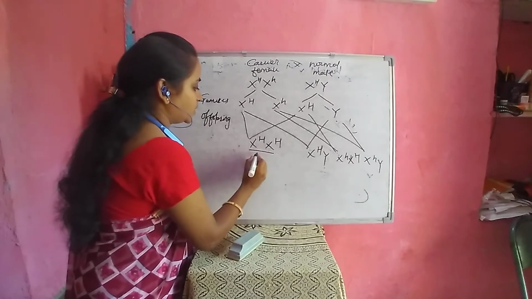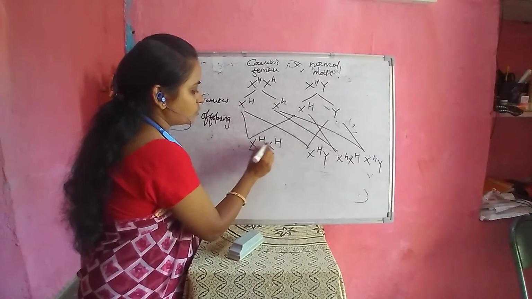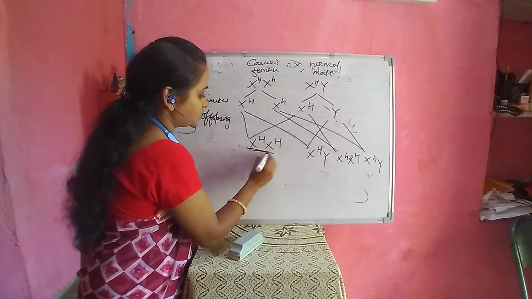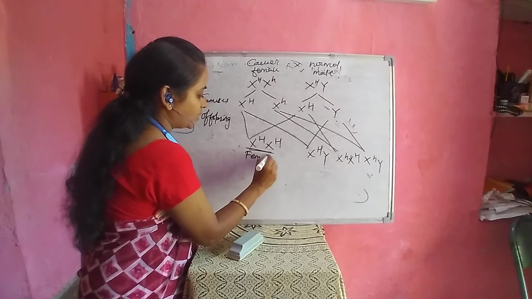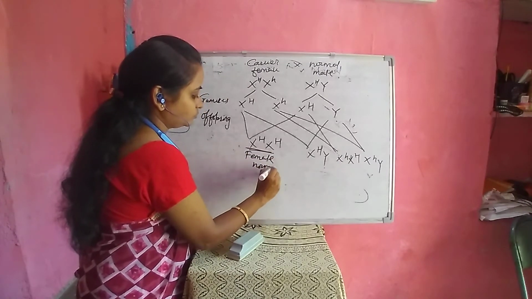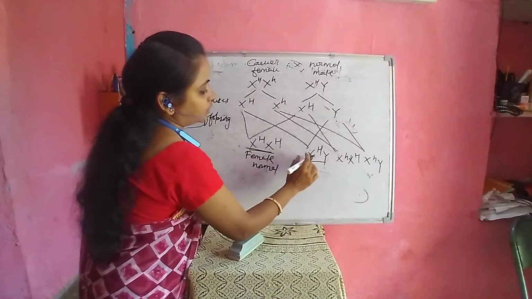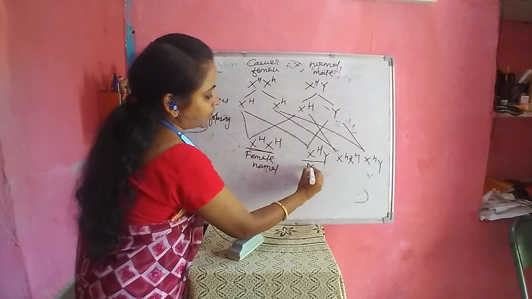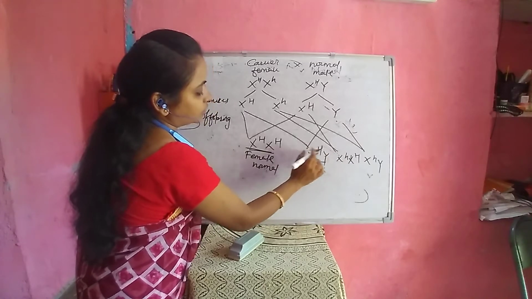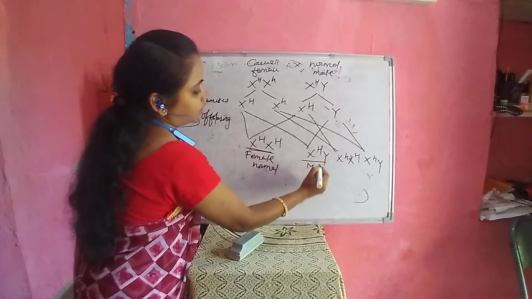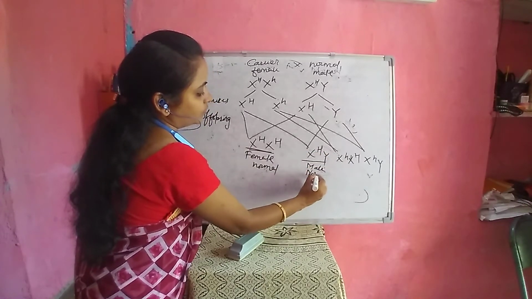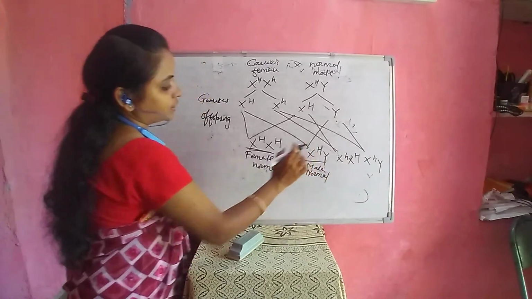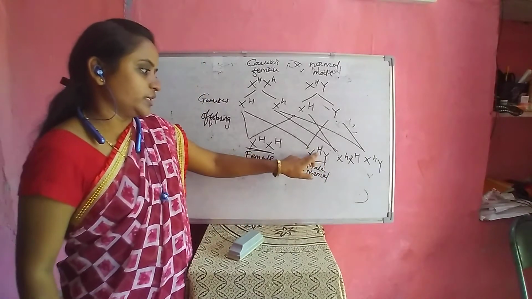One offspring has the dominant gene on both X chromosomes, that is a normal female. Then X and Y, that is a normal male because it contains the dominant gene.